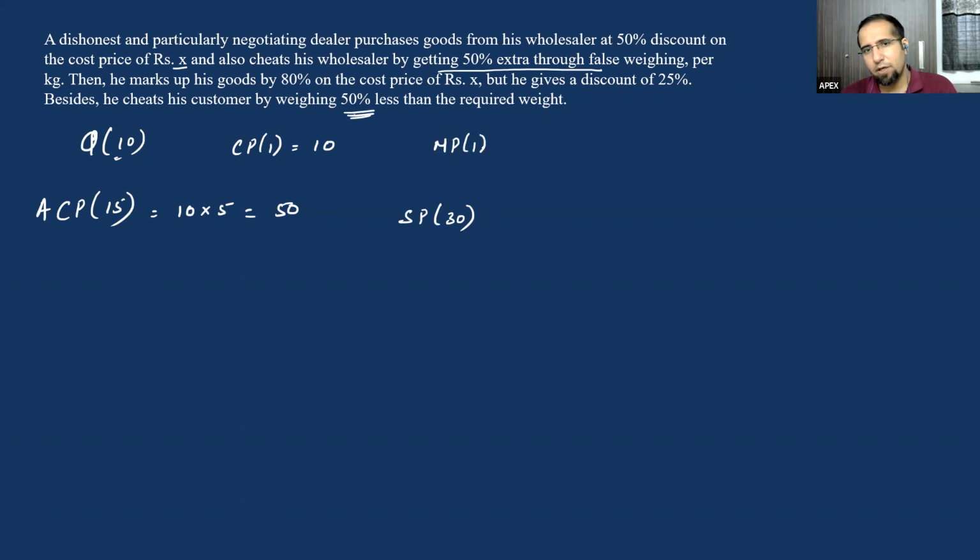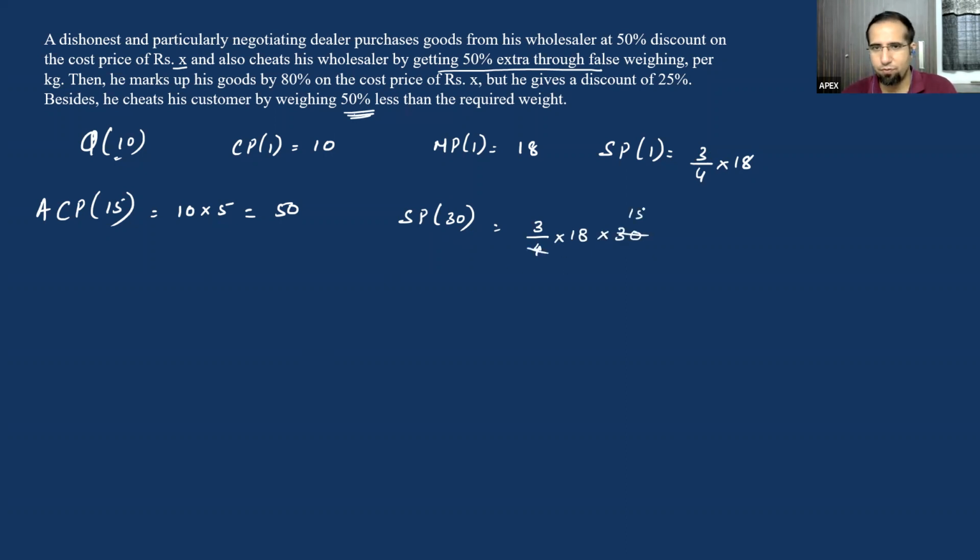So markup of 1 kg is equal to 18 rupees. And then he gave a discount. So selling price of 1 kg becomes 3 by 4 of 18. Since the customer has ordered 30 kgs, the selling price will be 3 by 4 of 18 into 30.